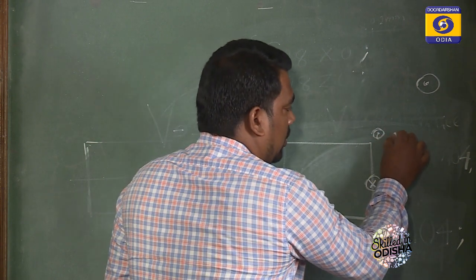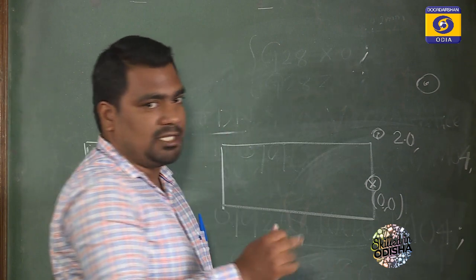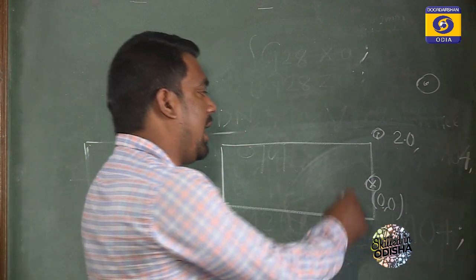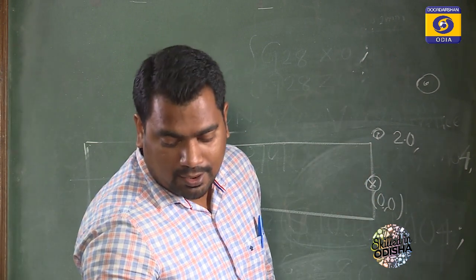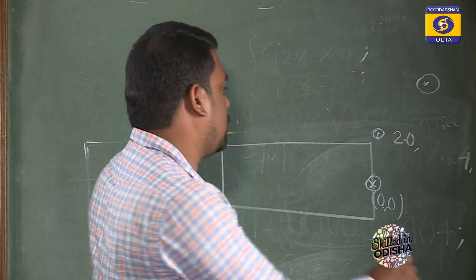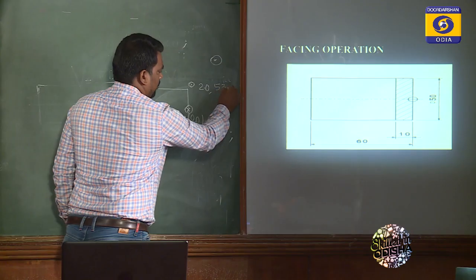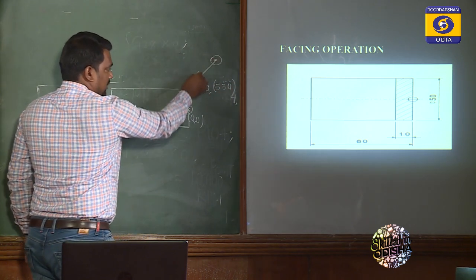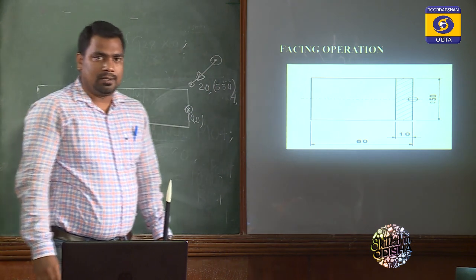So Z is positive 2.0, since Z is positive in this direction, and suppose my diameter is given as 50 mm, so X is, let's say, 53.0. From this point to this point, my machine turret will travel.